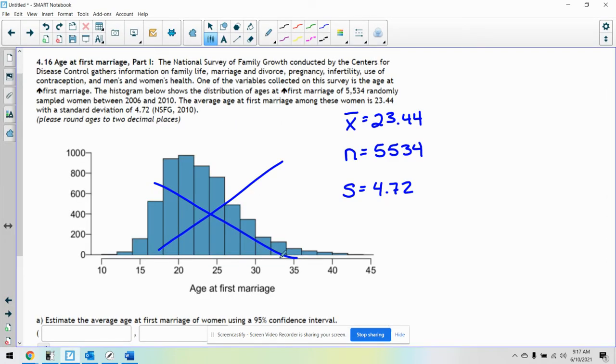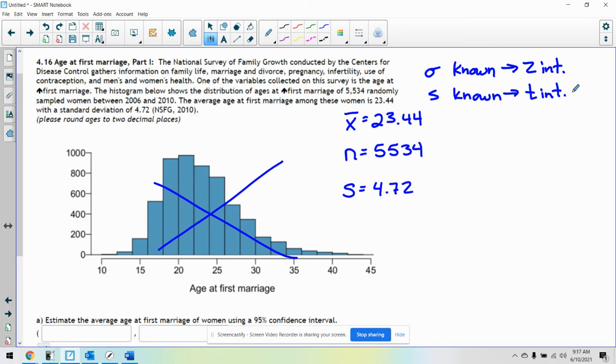So the first thing you want to take note of here is, do we know S or sigma? If we know sigma, that's going to imply a Z interval. If we have S, which is the same thing but based off of a sample, we have to use a T interval.